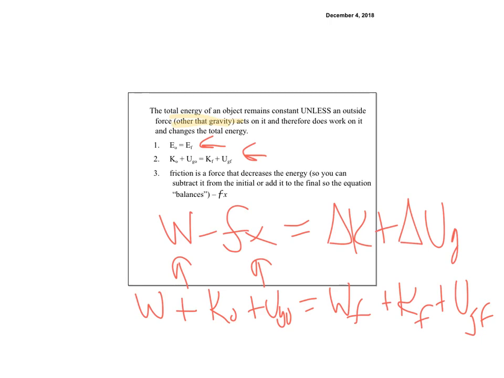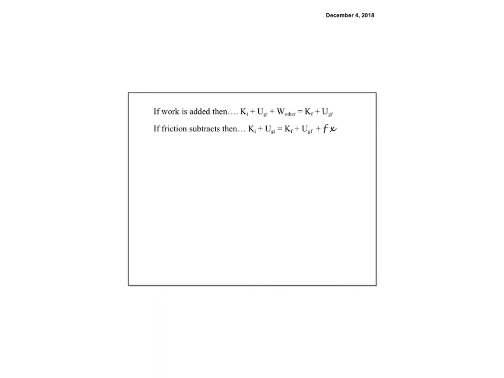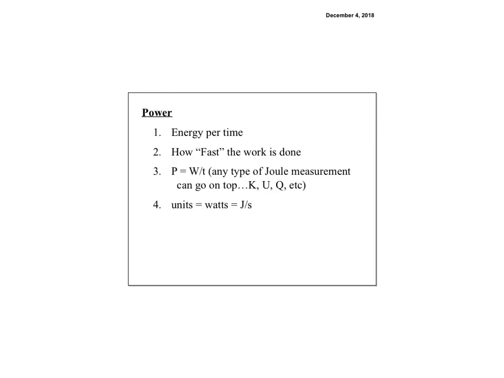So just use logic to decide. It's the same equation. It's just which one's easier for the task. So this is kind of showing that again, right? If the work is added, then you can have it like this. There's no friction in that. If you have friction, you can put the friction on this side, right? Because the subtraction subtracts, so you can subtract it, etc.